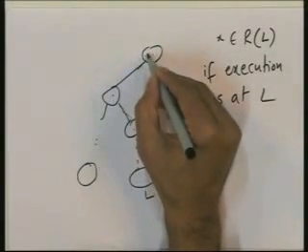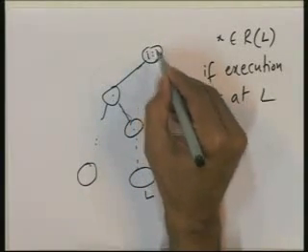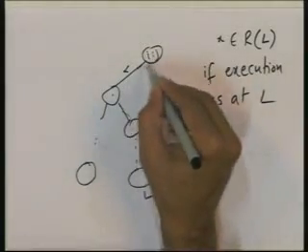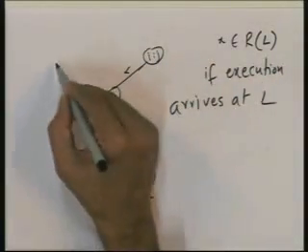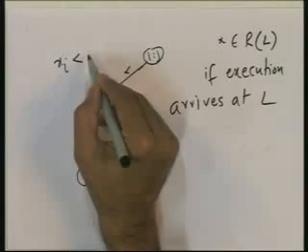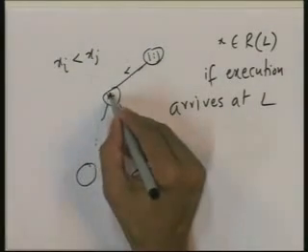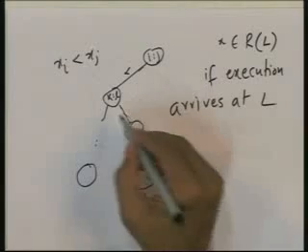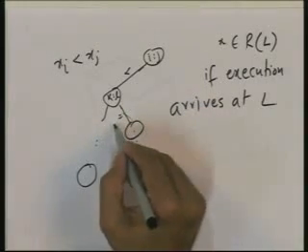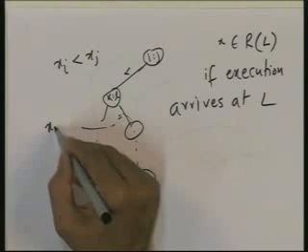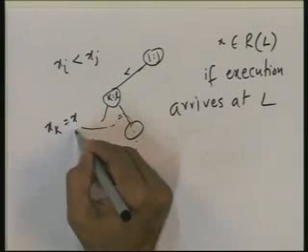Maybe here the comparison is between i and j, and say this is the less than path. Then these two together say that this x must satisfy xi less than xj. Maybe this label over here is k, l, and say this is the equal to path. Then this says that the condition satisfied must be xk equal to xl.